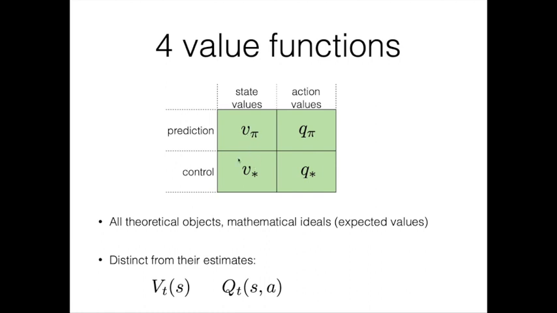So we're going to define these two functions that we're going to use throughout the course. We're going to have state value functions and action value functions, right? So they're going to be V and Q. V for value, Q for Q. They're just two different forms of the same thing.